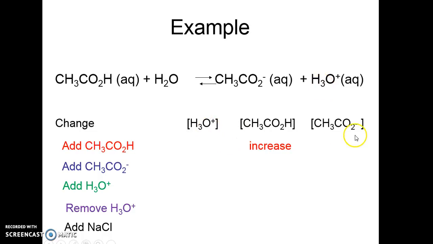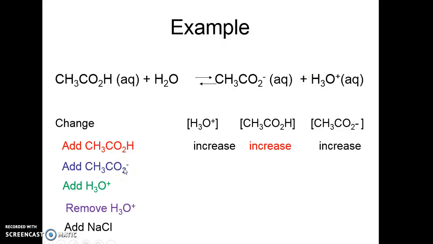So this and this also both increase. I separate this into what I am doing to the reaction, the action on the equilibrium, adding this, and the reaction of the equilibrium. This goes up. We don't ever measure the concentration of water. It's meaningless. So I don't have that in here. But the amount of this would go down and the concentration of these would go up.